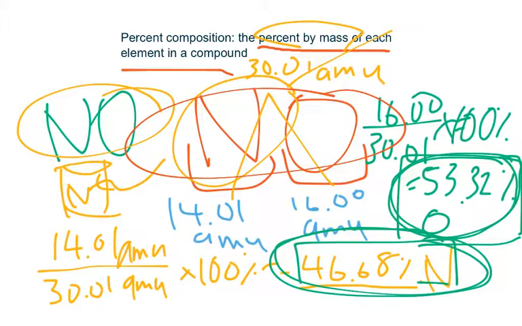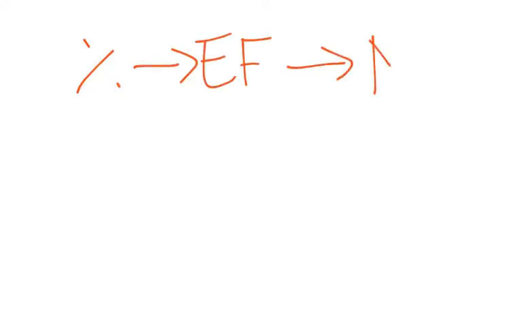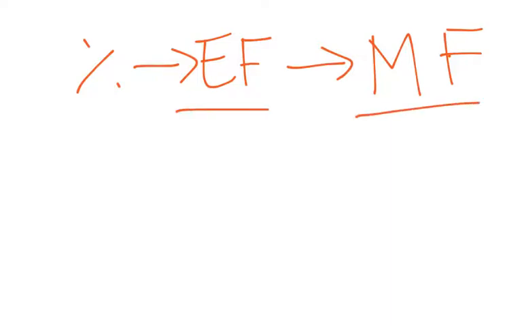So in these examples, we went from the molecular formula to the percent masses, but this time we will go from the percent masses to the empirical formula and then to the molecular formula. Now, why do we need this extra step to get to here? Well, to tell you the truth, the empirical formula has the same mass percentages as the molecular formula, and let me give you an example.